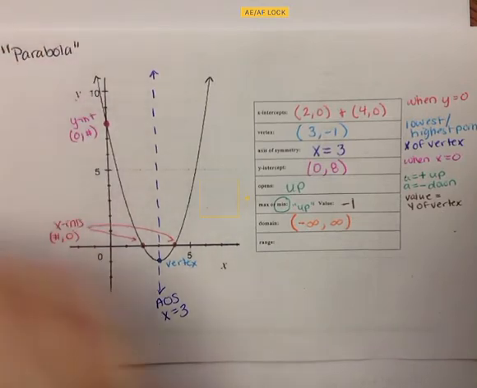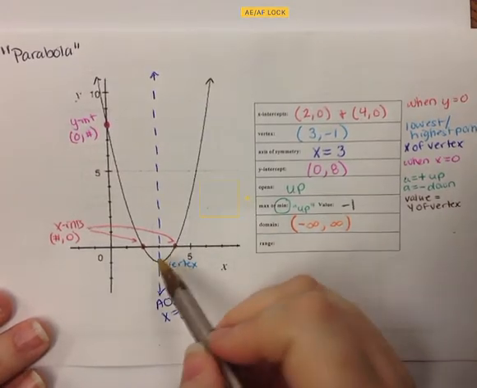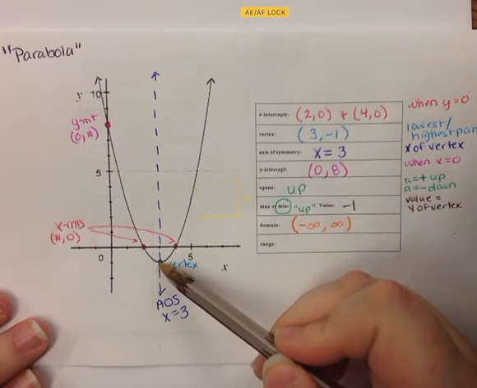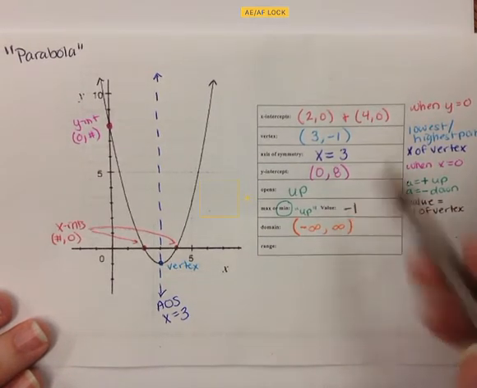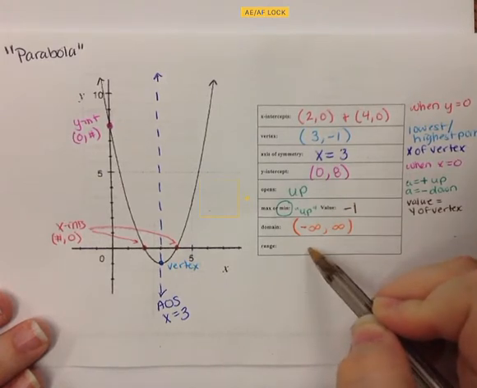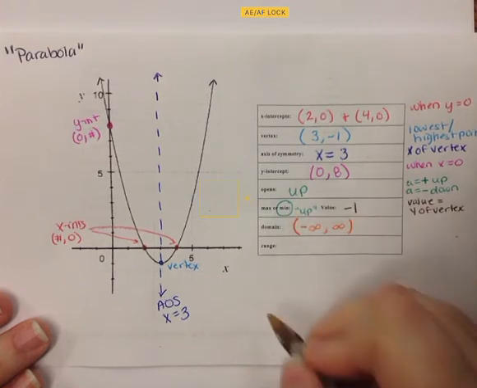Our range is actually going from bottom to top. Our range is our y values. So our range is actually the lowest y value we have. We always start from the bottom, which is actually at our vertex, which is why we want to use our vertex. We know what our value is because whatever the value is is actually going to go into our range. Now, the value was a minimum, and you always write your minimum value first.